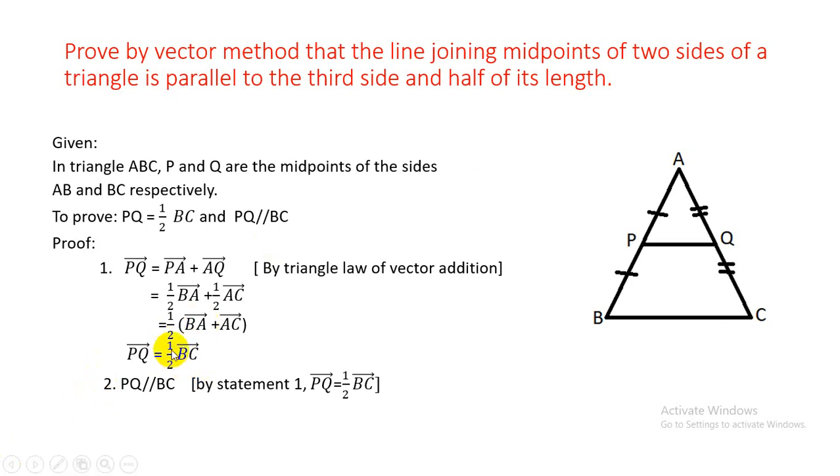Similarly, this 1 by 2 is a scalar multiplication. It means PQ is equal to scalar times BC, so PQ is parallel to BC. This theorem is proved.